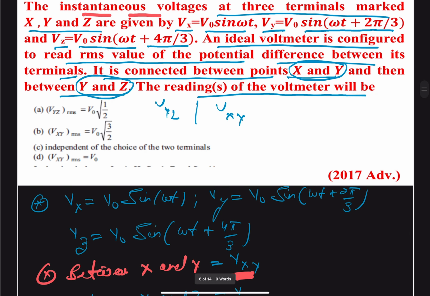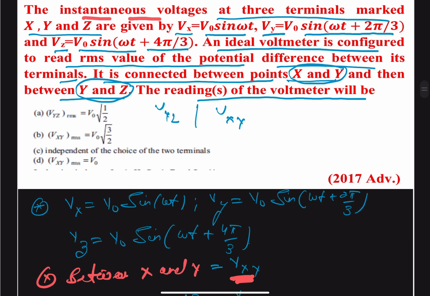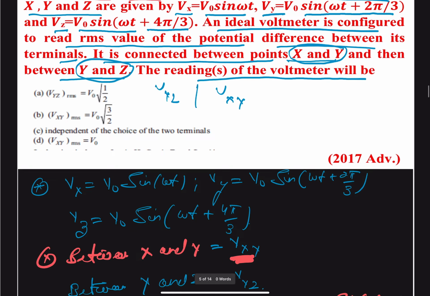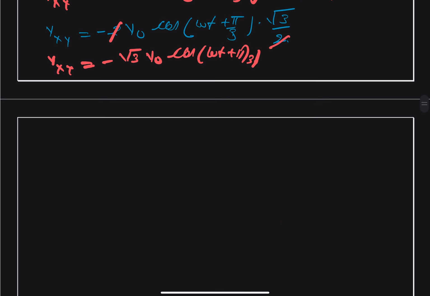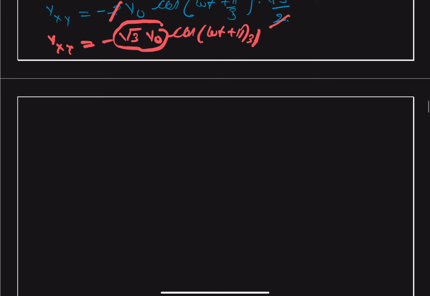And it is reading the RMS value. So this is the peak value, and we need to find the RMS value. From here we can find our RMS value.